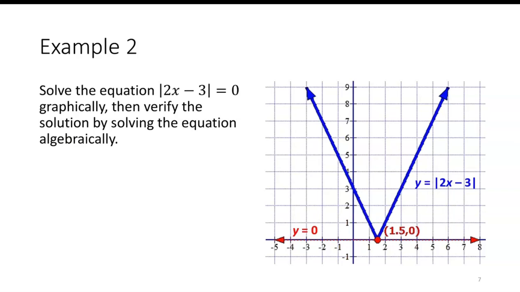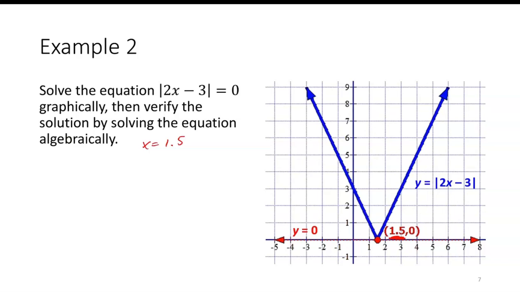If my equation was the absolute value of 2x minus 3 equal to 0, well, you can see graphically that occurs when x is 1.5. So graphically, the answer is x is 1.5. We're looking at where the y value is 0.